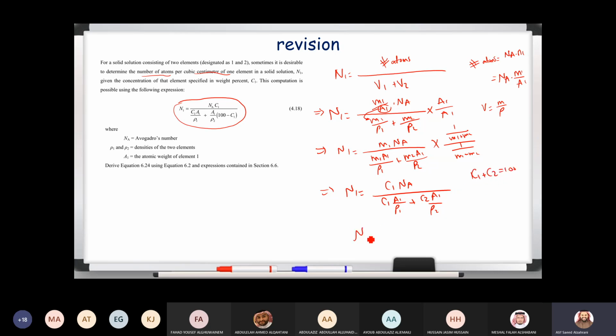So N1 is equal to C1 Na over C1 A1 over rho 1, and here plus A1 over rho 2 times 100 minus C1. If you are into math, you might like these derivations. I mean, you can derive also the previous equations. If you do not like math, you have to endure it.